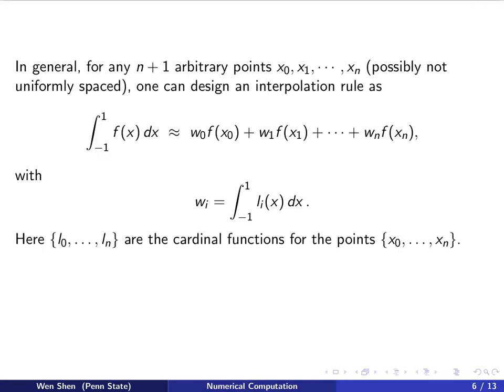So in general, for any n plus 1 arbitrary points, let's denote them by x0, x1 to xn, they don't have to be uniformly spaced. But once you have chosen those points, then you can find an interpolating polynomial of your function through those points, and then you can define a numerical integration rule just as we have discussed.